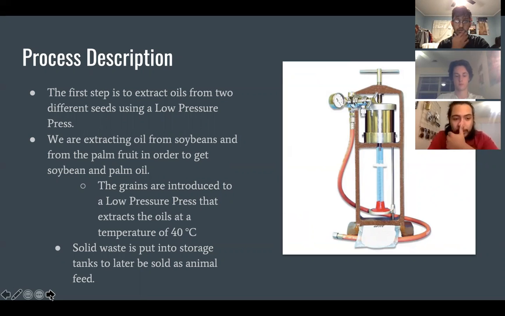The grains are introduced into the low pressure press at about 40 degrees Celsius, and they are processed by the press, and oil is extracted. Solid waste is also a byproduct of this step, but that is stored in storage tanks to later be sold either to farmers or to animal feed manufacturers.